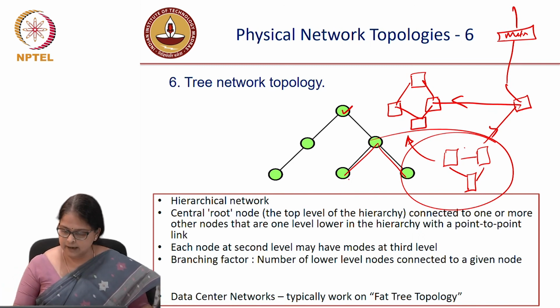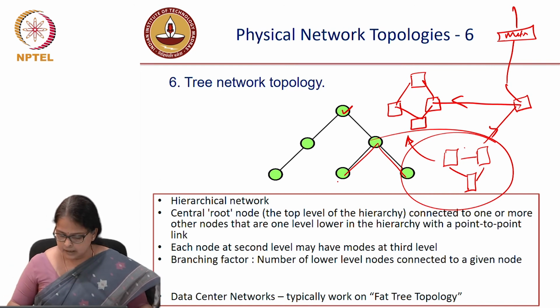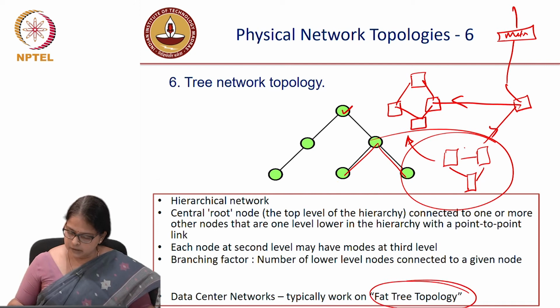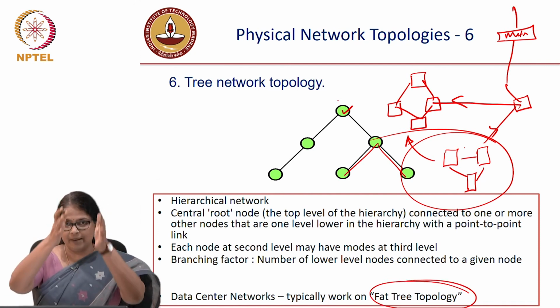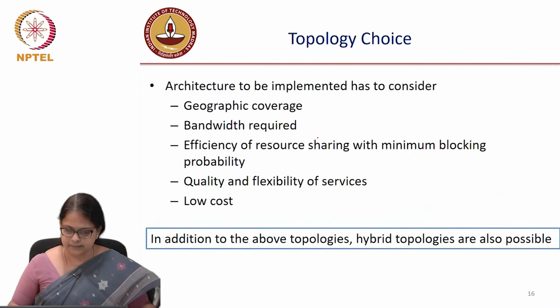And the branching factor tells you how many lower level nodes are connected to a given node. The data center networks typically, as I said earlier, use what is called a fat tree topology, because the stem of this is really fat. We will talk about it a bit later.